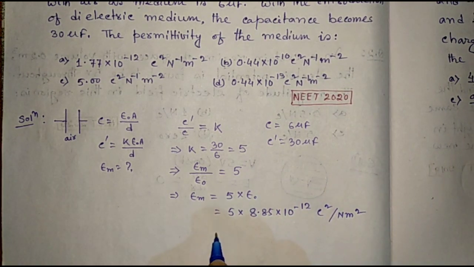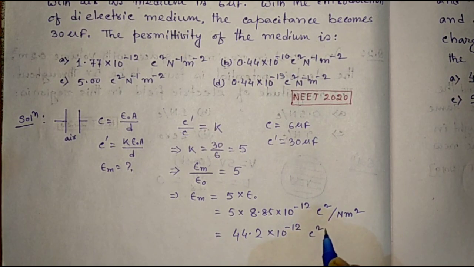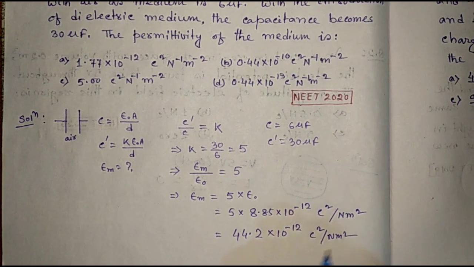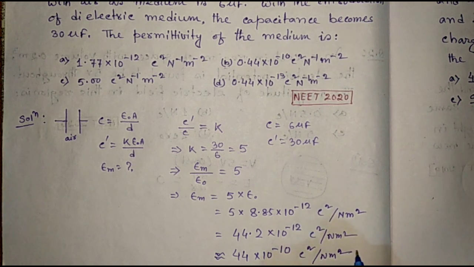It is equals to 44.2 into 10 to the power minus 12 Coulomb square per Newton meter square. It is equals to approximately 44 into 10 to the power minus 12 Coulomb square per Newton meter square.